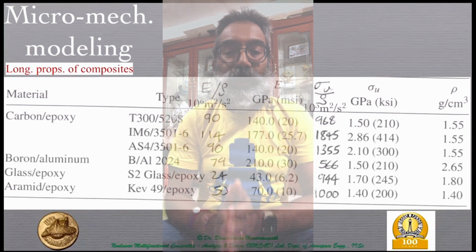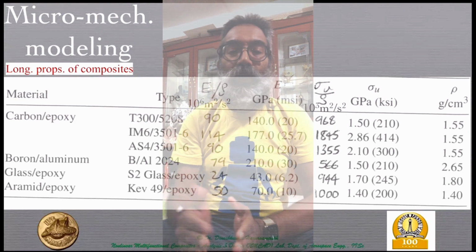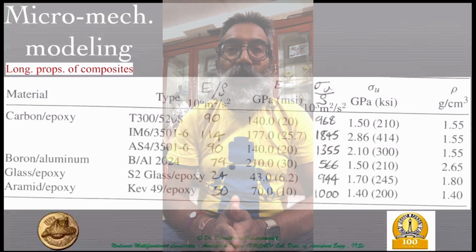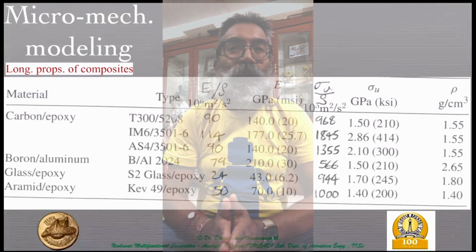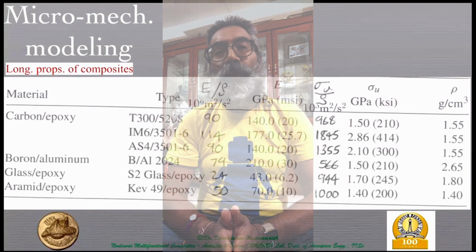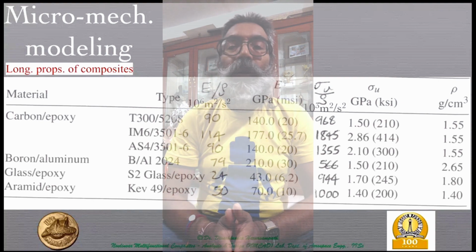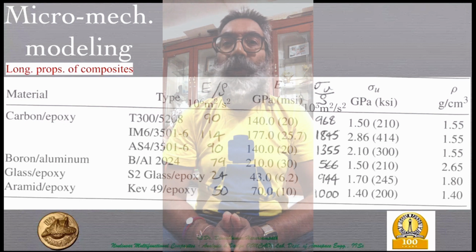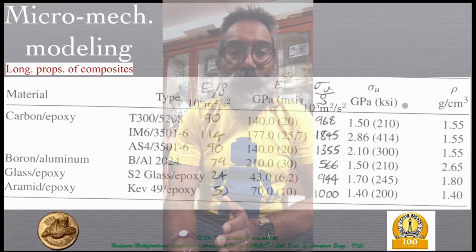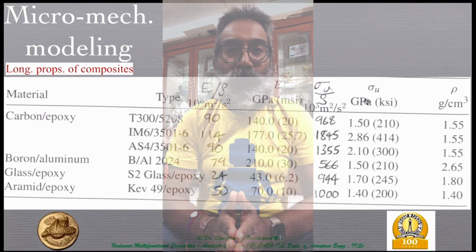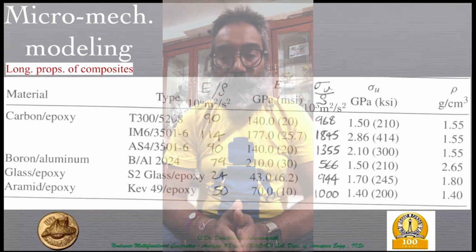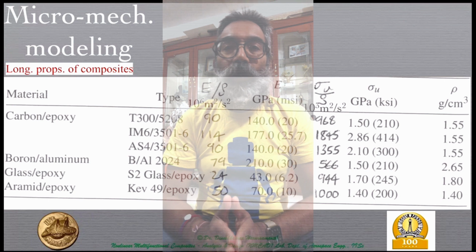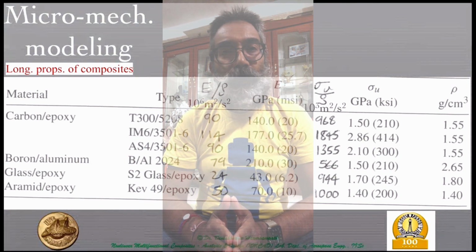So at this stage it's important to understand that these are the properties that we need to compare with those of the metals, not the very high, idealistically sounding properties based purely on the fiber. But nonetheless, in spite of the reduction because of the introduction of the matrix in these specific properties, E by rho and sigma U by rho, you still have a huge advantage compared to metallic alloys.